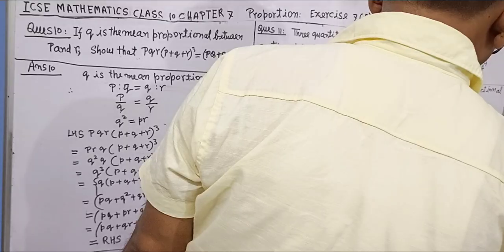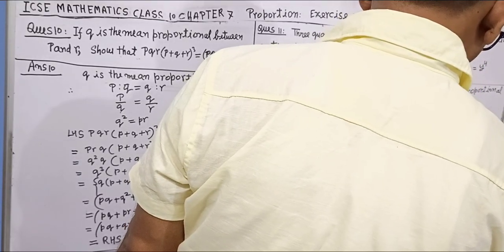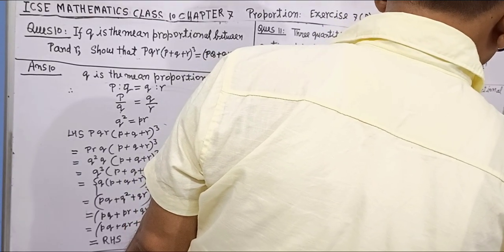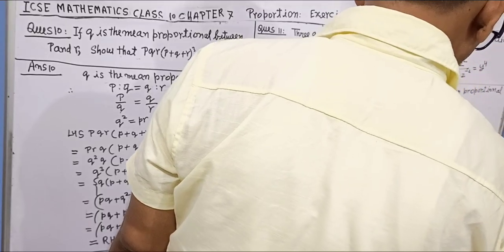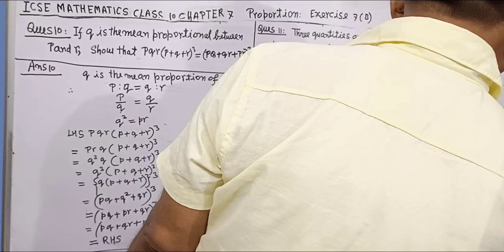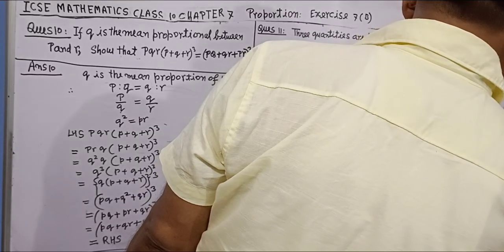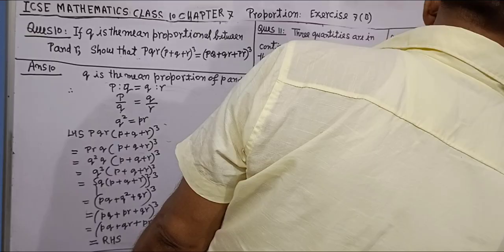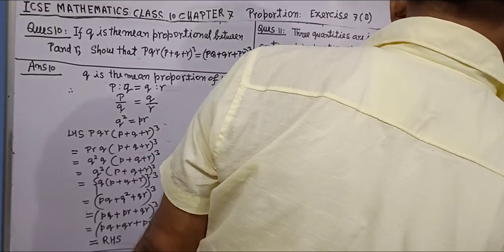LCM is x square y square z square, so y square z square minus x square z square plus x square y square.